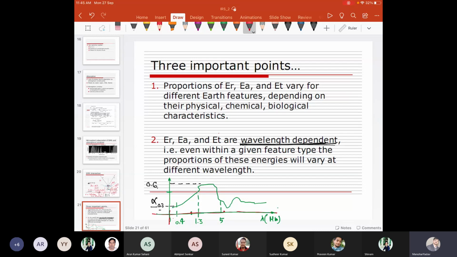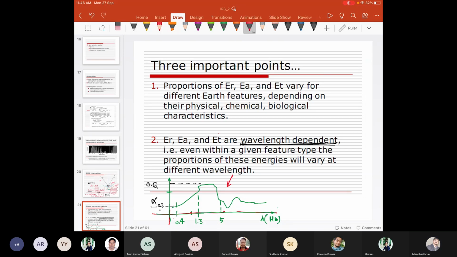So when we select these objects and plot the reflectance with respect to wavelength, there will not be a kind of step signal. Step signal means there is no change in reflectance with respect to wavelength. We get a variation: when we change the wavelength, the reflectance will change.